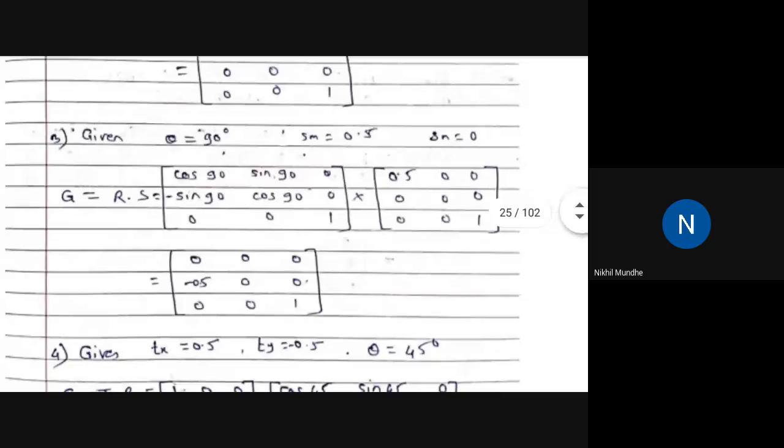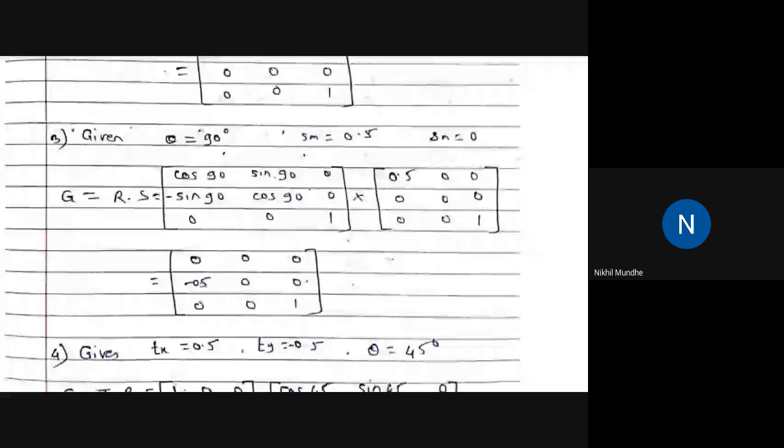What is given? Theta is 90 degrees. For that purpose the first matrix is rotation and the second matrix is scaling. Now sx is equal to 0.5. Same calculation is there, only the matrix order is different.